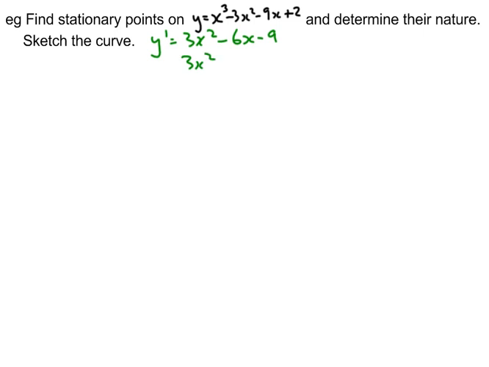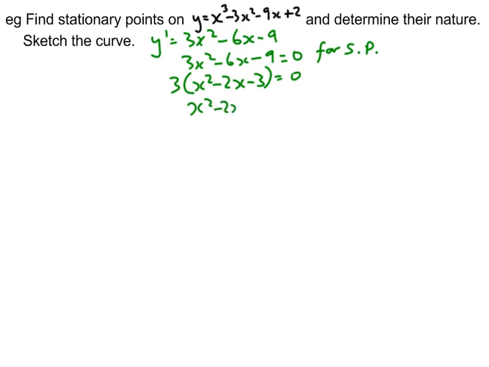We make 3x squared minus 6x minus 9 equal to 0 for stationary points. Write that out properly, don't be lazy like me. We can take 3 out as a factor here: x squared minus 2x minus 3 equals 0. And when we divide both sides by 3, we end up with just x squared minus 2x minus 3 equal to 0.